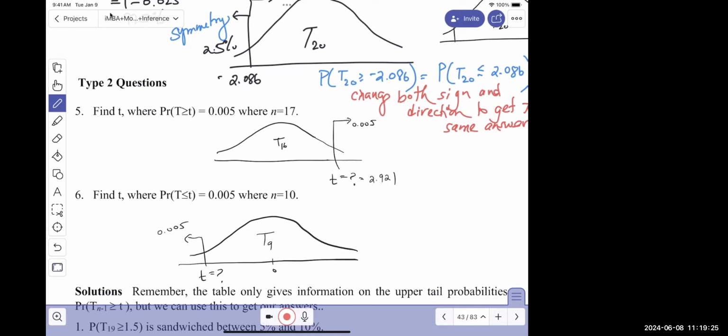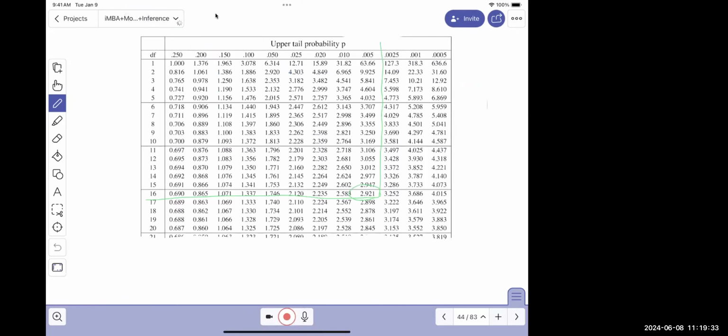All right. Did you do it? So we're going to go to the 9th row. And we're going to look for that number, 0.005 in the tail. So it is 3.169, sorry, 3.250.